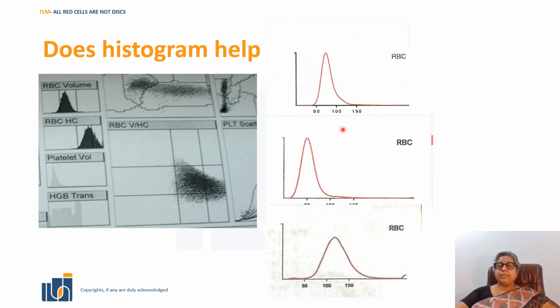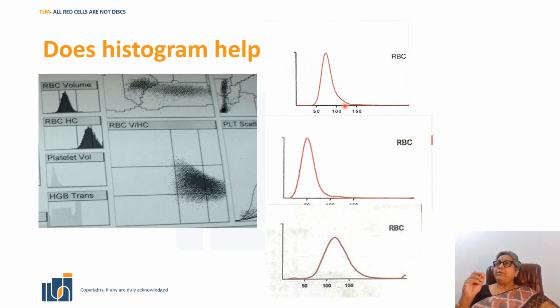Now if there is a shift of this histogram to the left, then this becomes microcytic red cells. If the same histogram shifts more towards the right and has a broader base, you see here, though it starts from 50, the peak is past 100, 115 or so, and the base is very broad when compared to the normal histogram.